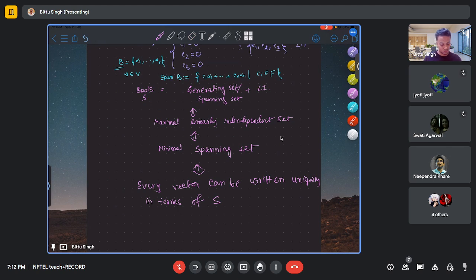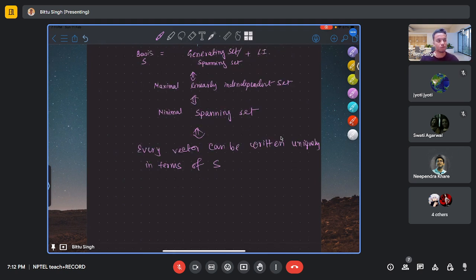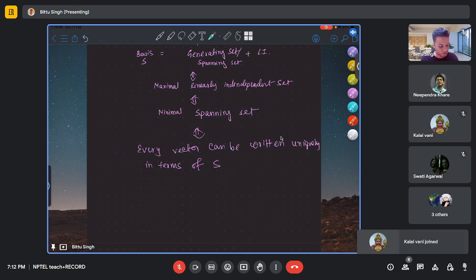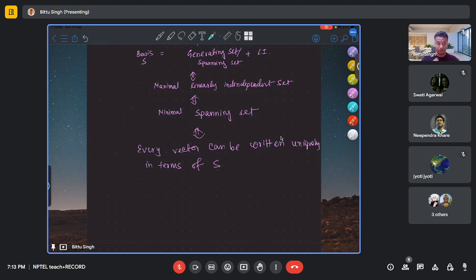These are the equivalent conditions for S to be a basis. So for your particular problem, you can take any of the definitions and work with it, because those are equivalent. You can take whichever definition is helpful for that particular problem.